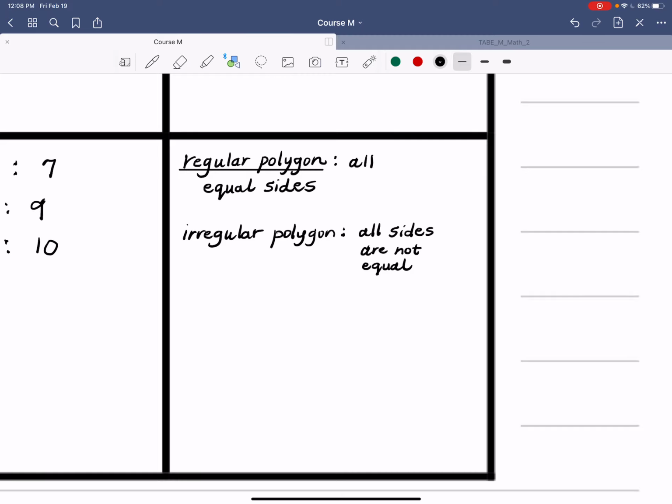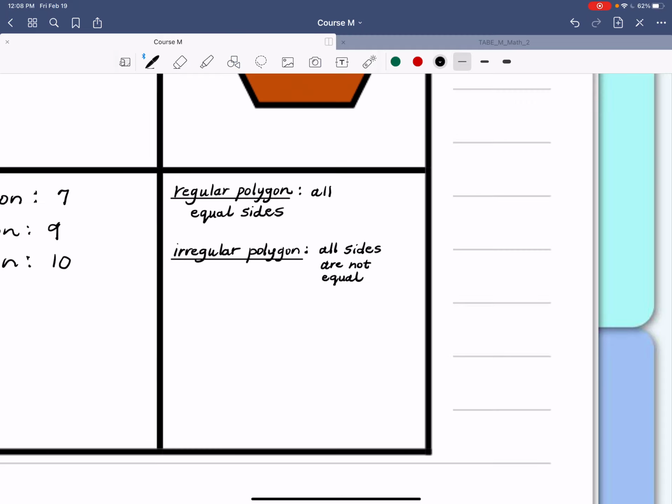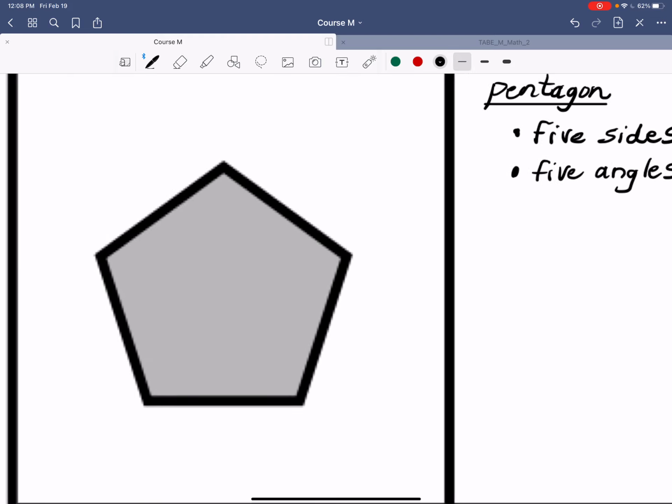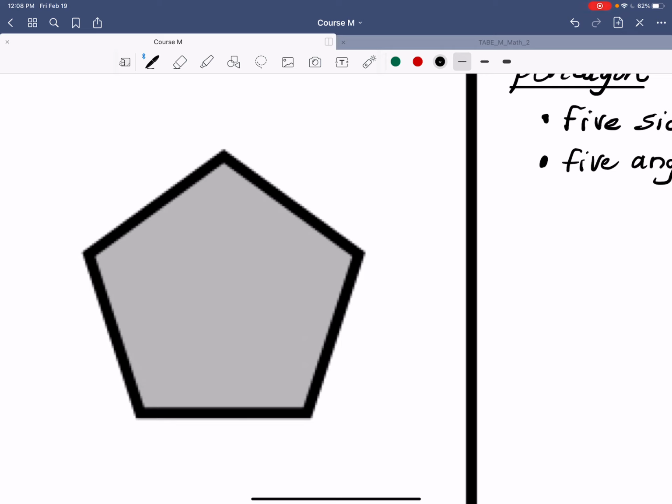So let's go back to our pentagon for just a minute. And suppose they ask me on a test, is this a regular polygon? Well, it's very hard for me to tell without measuring. It looks to me like it's probably not a regular polygon, but it was supposed to be. So here's how you can tell.